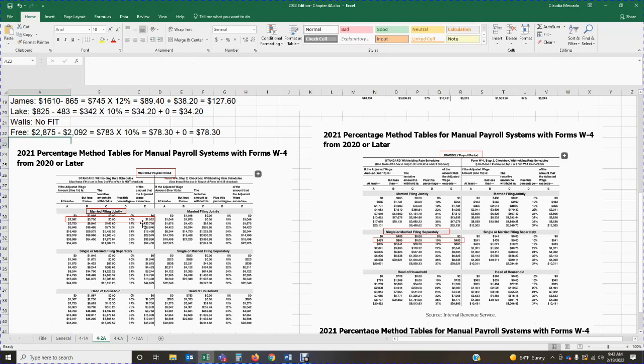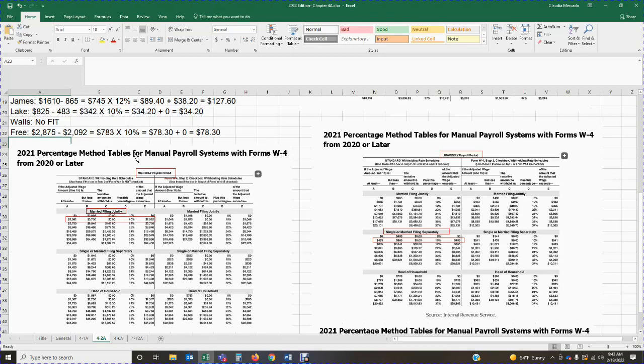So we work backwards. The wages, $2,875, minus that last number on that tier. Remember, that number represents the amount that we are adjusting our wages by, based on the amount that exceeds the taxable amount based on our tax bracket. That's $2,092, which means we're going to pay taxes on $783.